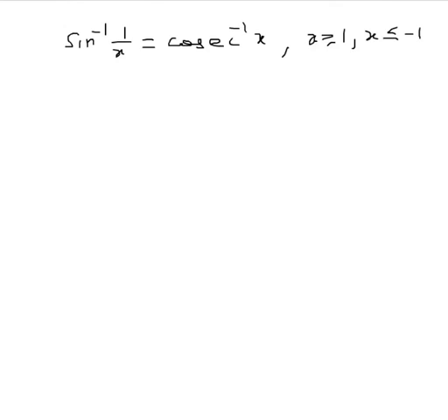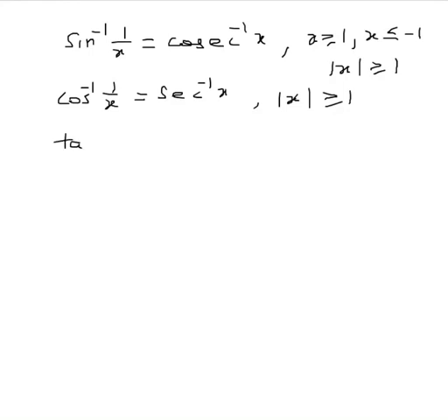Or we can combine and write this as absolute value of x greater than or equal to 1. Then the next formula, cos inverse of 1 by x is equal to sec inverse of x, with the same condition, or we may write absolute value of x greater than or equal to 1.